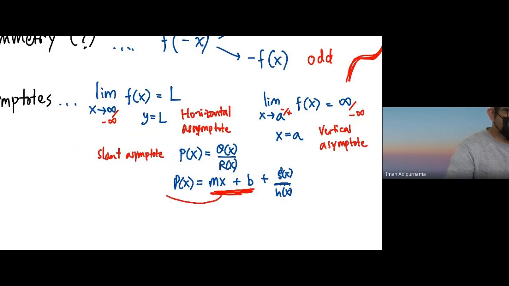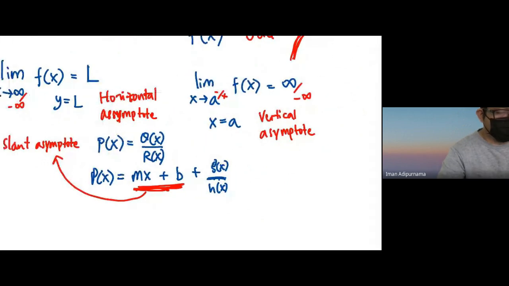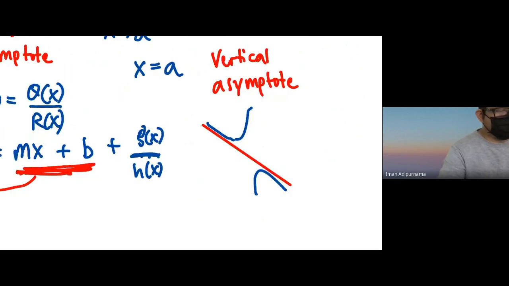This is called the slant asymptote. Maybe the graph is like this and then like this, and you see that there is actually something in between. So you will see that the curve is slightly closer to this line.